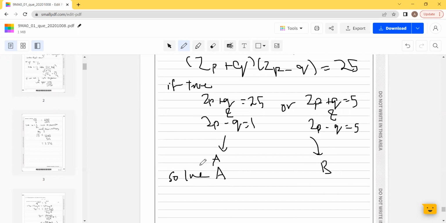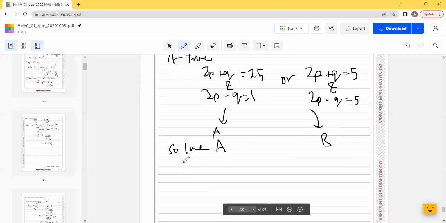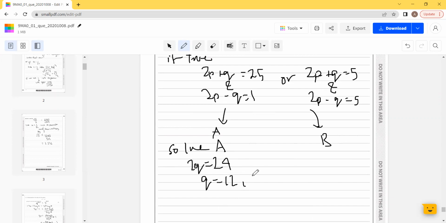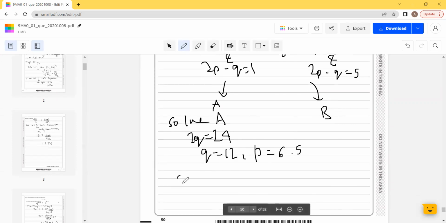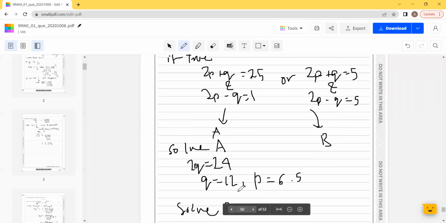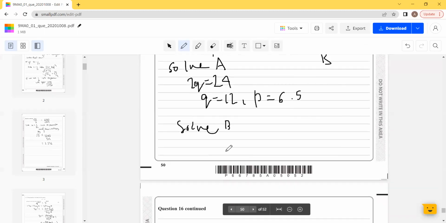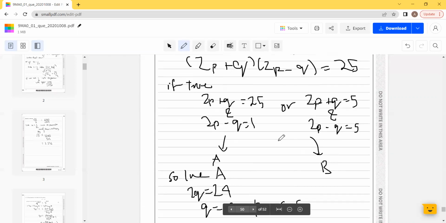If we subtract them, I get 2q is equal to 24, which means that q is equal to 12, but p is simply 6.5. Now if I solve B, then I get 2q is equal to 10.